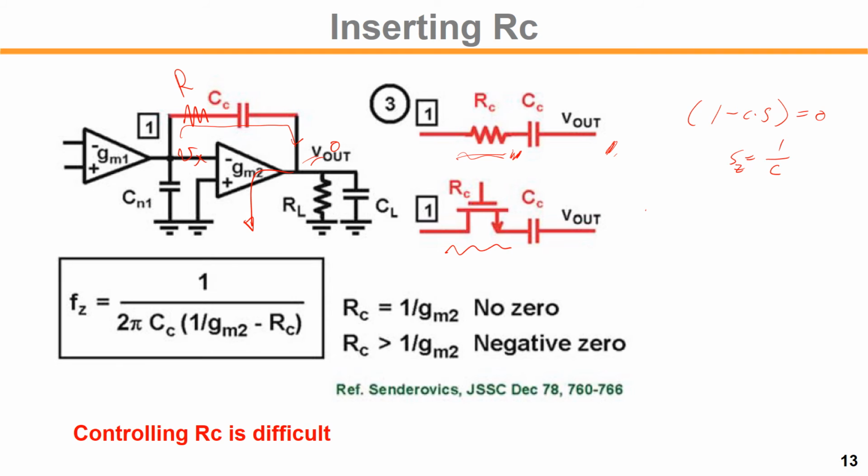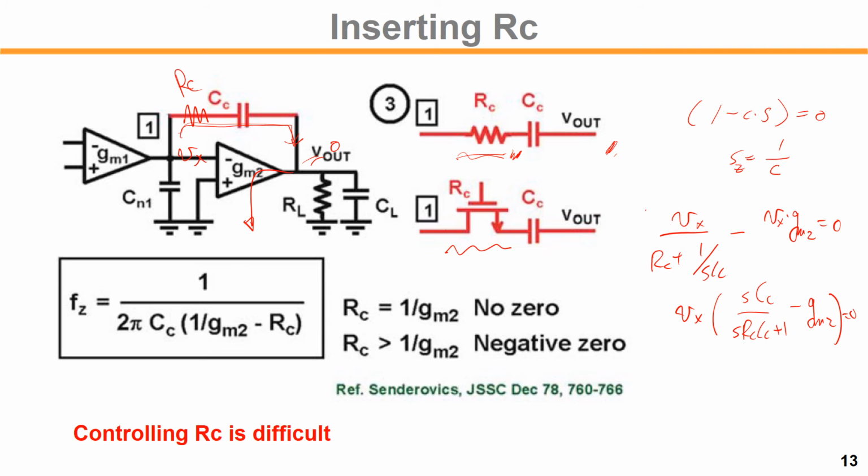Same method, the signal current through the CC path would be Vx over RC plus 1 over SCC, minus Vx GM2 equal to 0. So we can find that 1 over (SRCCC plus 1) over SCC minus GM2 equals 0.